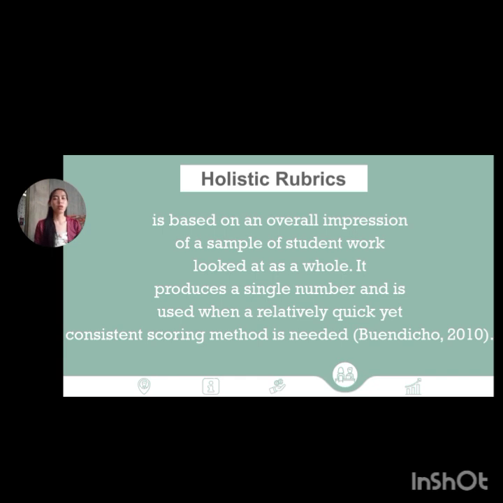So when we say holistic rubrics, according to Bunderson 2010, this is a method where a sample of student work is assessed as a whole, considering its overall quality and coherence, instead of evaluating specific traits or components individually. This method generates a single numerical score to represent the overall performance of the student.